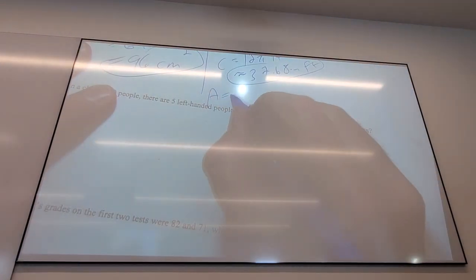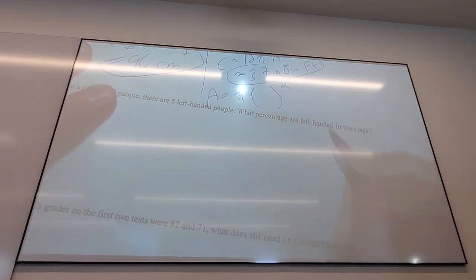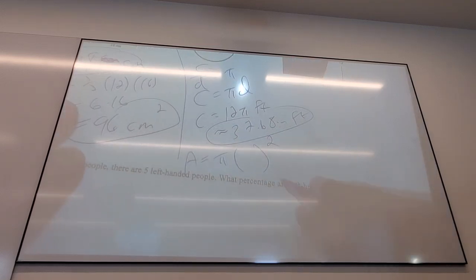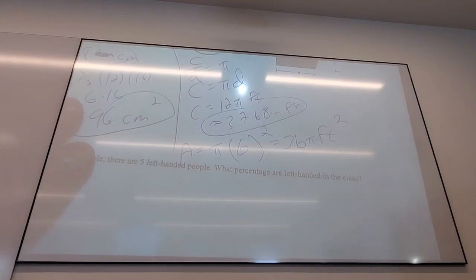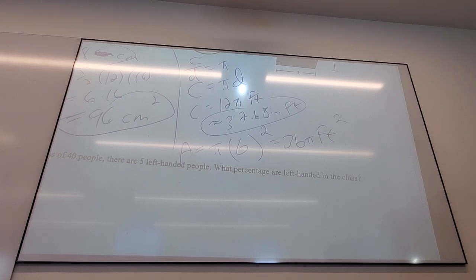So coming back to this, the area would be pi. What's the radius? 6, good. So you get 36 pi. What's the units? Good. And that's approximately 3 times whatever that is. 109.07.